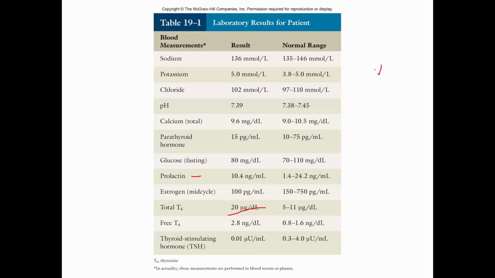So remember, TRH goes to the anterior pituitary, and we get TSH. And then that goes to the thyroid gland, and we get T3 and T4. Now, it used to be when you did a plasma test, you just did TSH and T4 because that's what insurance would pay for, and that's what could be done.